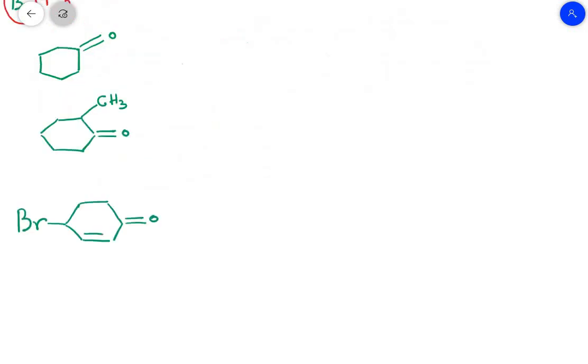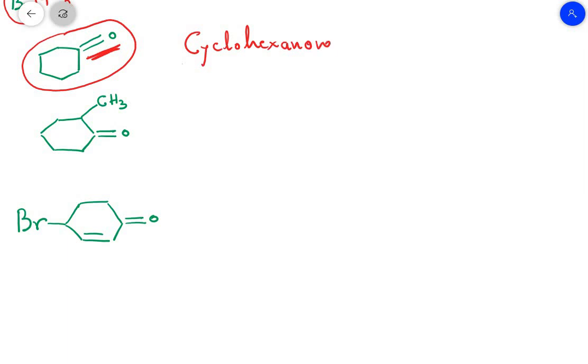In the next example, here we are having cyclohexane accompanied by C double bond O. So therefore the name of this compound is cyclohexanone. The ketonic group is directly present on this cyclic ring, which is having 6 carbon atoms, so therefore it is called cyclohexanone.